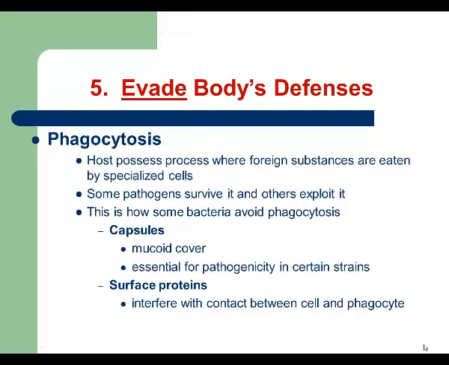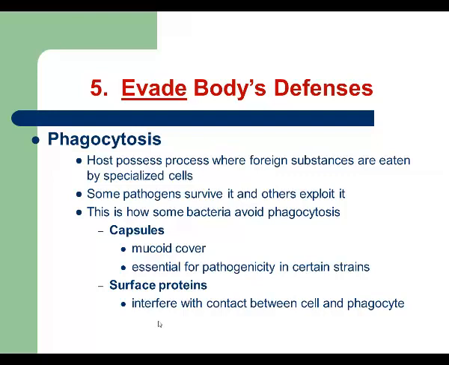Another example, some pathogens defend themselves against phagocytosis by producing what we call surface proteins. And those proteins simply interfere with the contact between the cell and the phagocyte. As an example, we can use Streptococcus pyogenes. It causes strep throat, and this bacterium produces what we call M protein, surface M protein, and surface M protein interferes with the phagocyte.